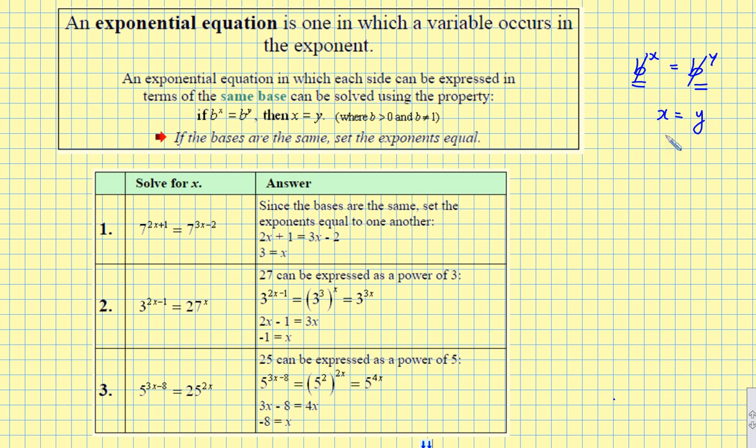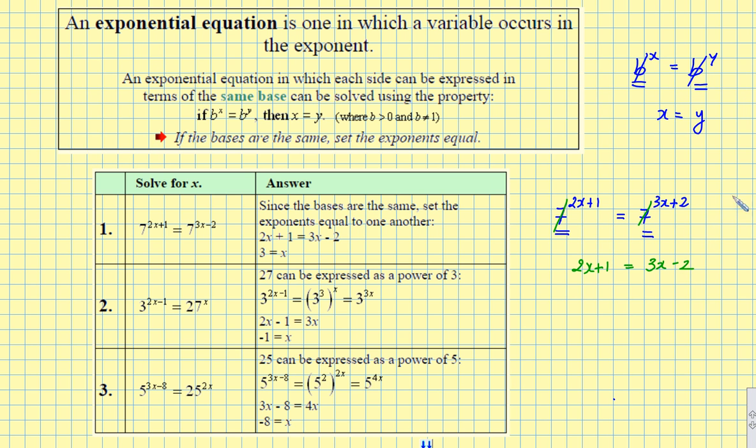So, as an example, let's take one from our chart. If I have 7 to the power of 2x plus 1 is equal to 7 to the power of 3x minus 2, actually, not plus 2. Since the two bases are identical, a base 7 and a base 7, I can disregard these two bases and simply say that 2x plus 1 is equal to 3x minus 2.